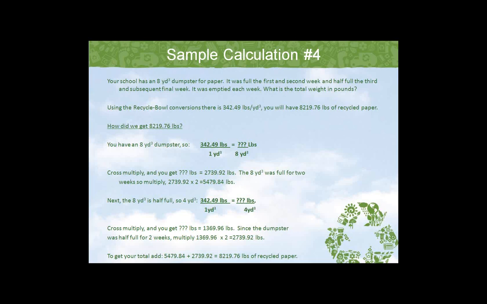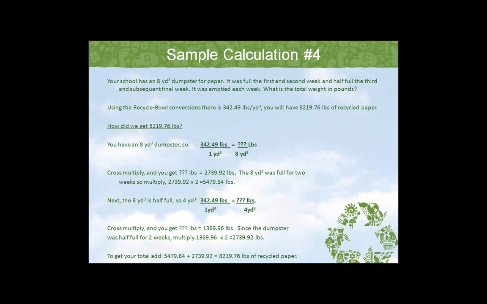To calculate this, we first will calculate how much one full 8 cubic yard dumpster weighs by cross-multiplying to get 2,739 pounds. The 8 cubic yard was full for 2 weeks, so multiply 2,739 by 2 to get 5,479.